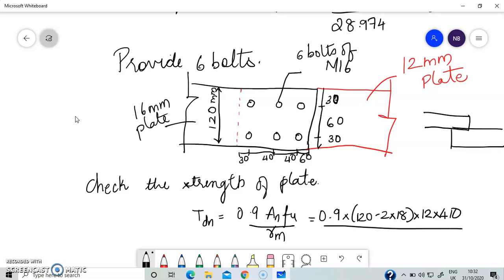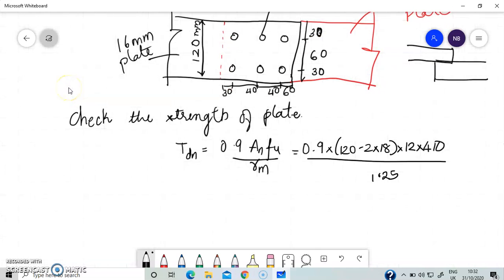410 is the grade of the plate, and this works out to be 297,562 Newton, which is 297.562 kilonewton. This is greater than 160 kilonewton, which we need to transfer.